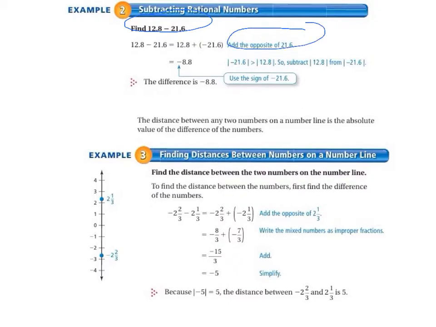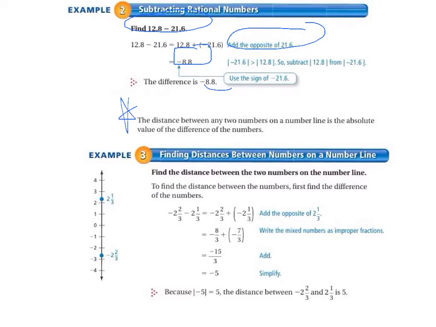Remember, when we do that, we take the absolute value of both of our numbers, and since the absolute value of 21.6 is greater than the absolute value of 12.8, then we use the sign of the 21.6, and that is negative, and so our answer is -8.8. So the difference is -8.8.